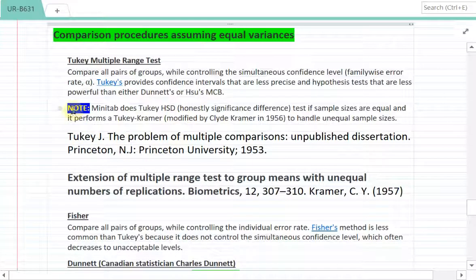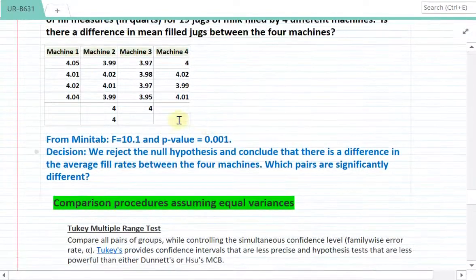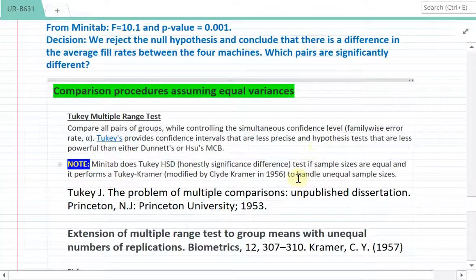Now, something I want to note here for you, by the way, Minitab does Tukey HSD. One of the assumptions for this multiple comparison procedure, Tukey HSD, is that the samples must be equal. So if I have 4 samples, each must be size 10. Looking at my data up here, they're not equal samples, right? 4, 6, 5, 4. They're different sample sizes. So the Tukey HSD would not be appropriate for this.